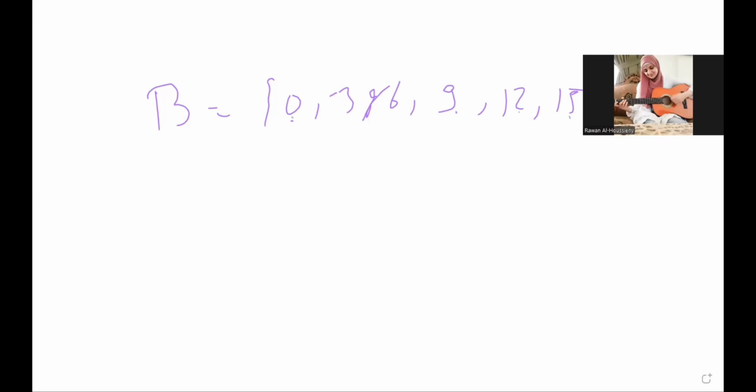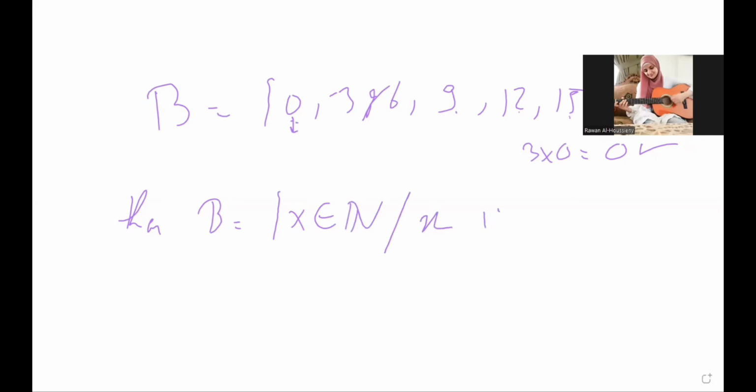Also, pay attention to the zero, because we can say 3 multiplied by 0 is equal to 0. So 0 exists in the multiplication table of 3. Then it's a multiple of 3. Then in B, x belongs to N, because they are all non-decimal positive numbers, such that x is a multiple of 3.